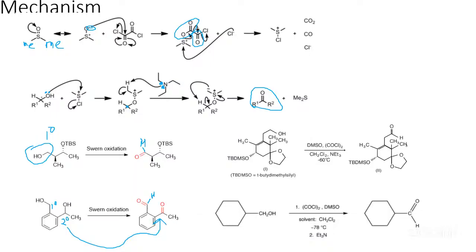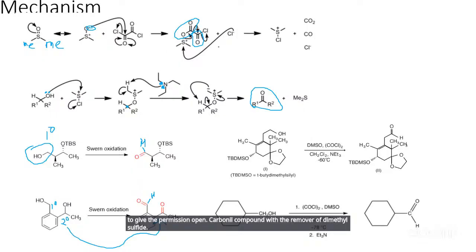The primary alcohol is treated with this sulfur halogenated compound, and in the next step, the basic reagent triethylamine abstracts the proton, forms a carbanion, and this carbanion rearranges this intermediate to give the formation of a carbonyl compound with removal of dimethyl sulfide.